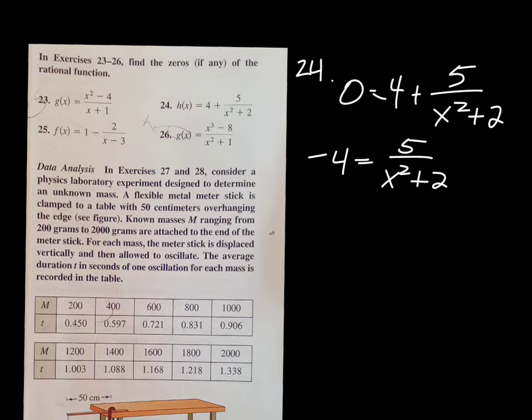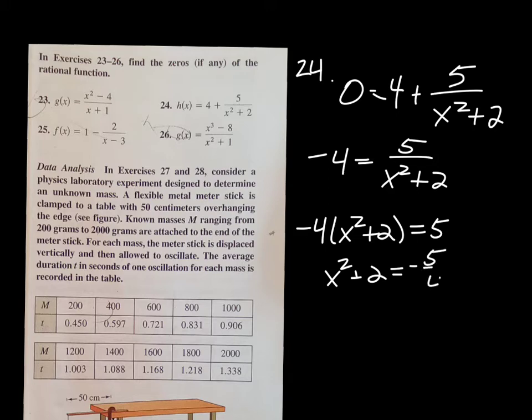And then I'm going to multiply by x squared plus 2. Then I'll add that 4. Oh, I'm sorry, I'll divide by that negative 4. And then subtract the 2.